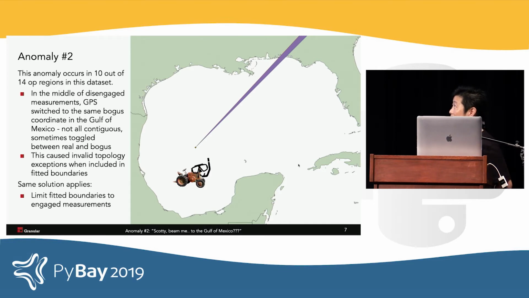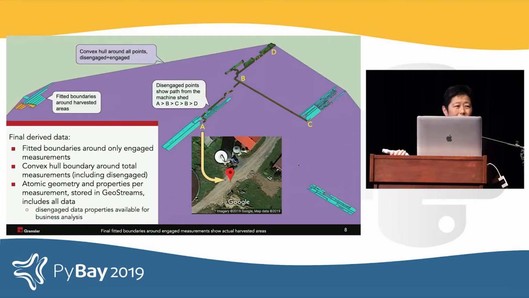We're right in the middle of the Gulf of Mexico, and it only occurs during disengaged data. Okay, and so the same solution applies. We only do the fitted data around the engaged data points, and we're able to have nice fitted boundaries around our engaged data and retain the disengaged data as just points.